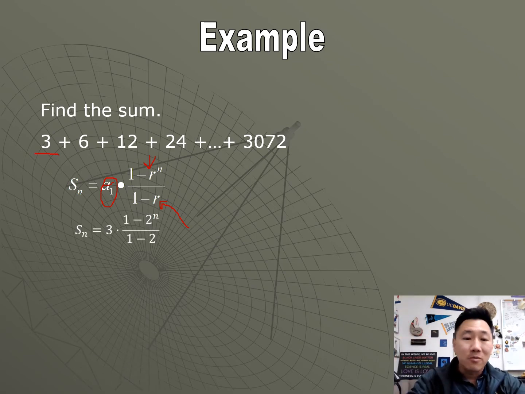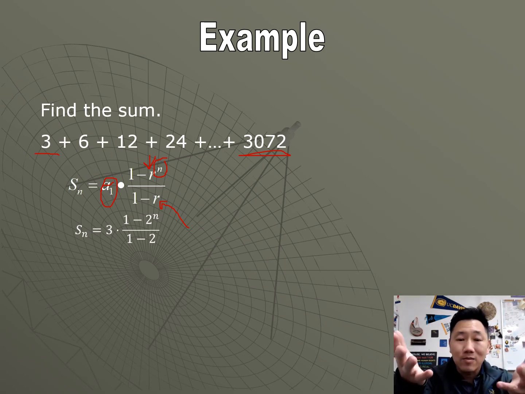And so there it is, but we don't know the nth term. I don't know how far along that list I had to go to get to 3,072. How many terms are there right there? To do that, remember this is a geometric series.